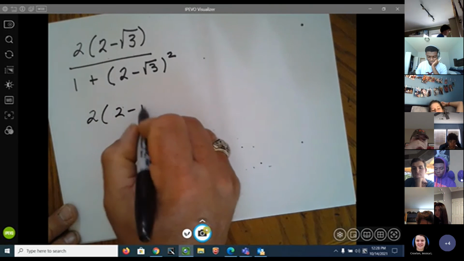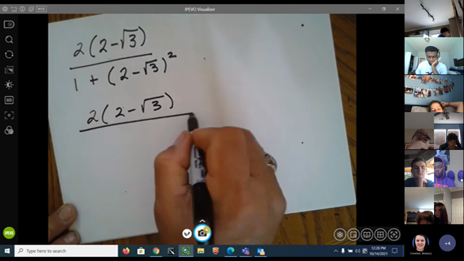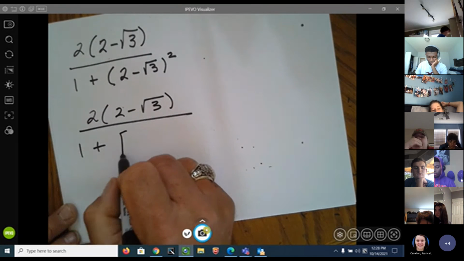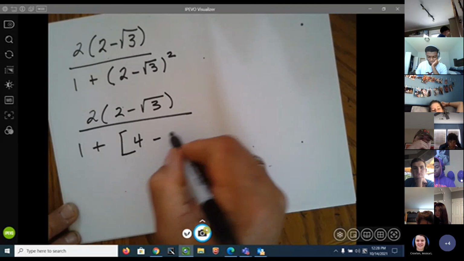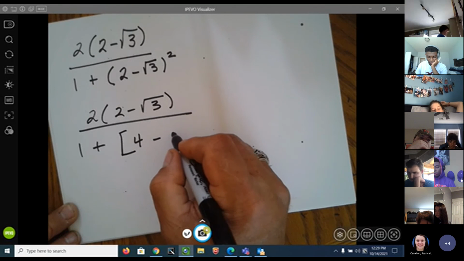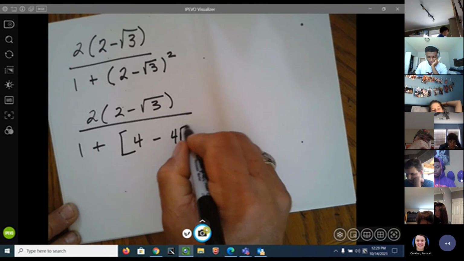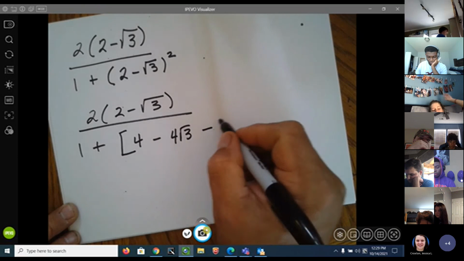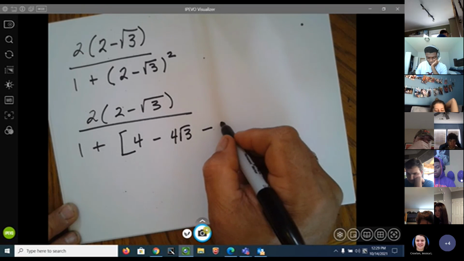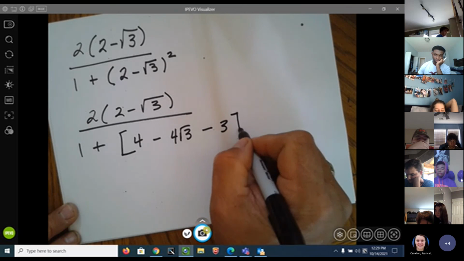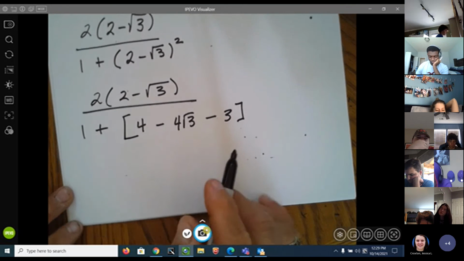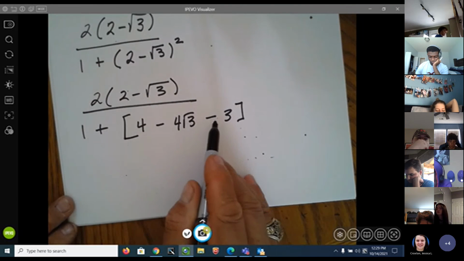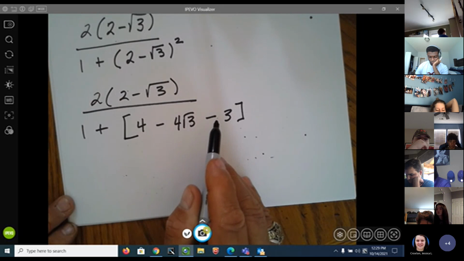2 minus square root of 3 over 1 plus, in brackets, 4 minus 2 times 2 is 4 square root of 3 minus 3. Now, why didn't they just do that? And then 4 minus 3 is 1.